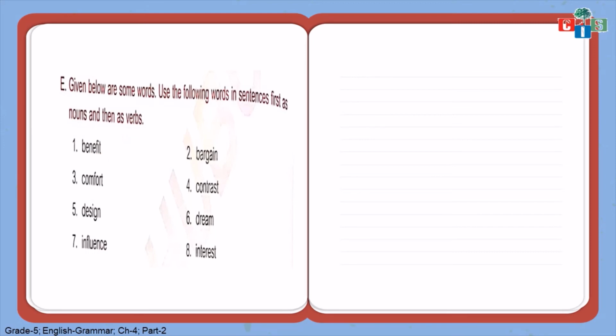Okay, so first, benefit as a verb. The project will benefit the local community as a whole. Some project is there which will benefit the local community as a whole.